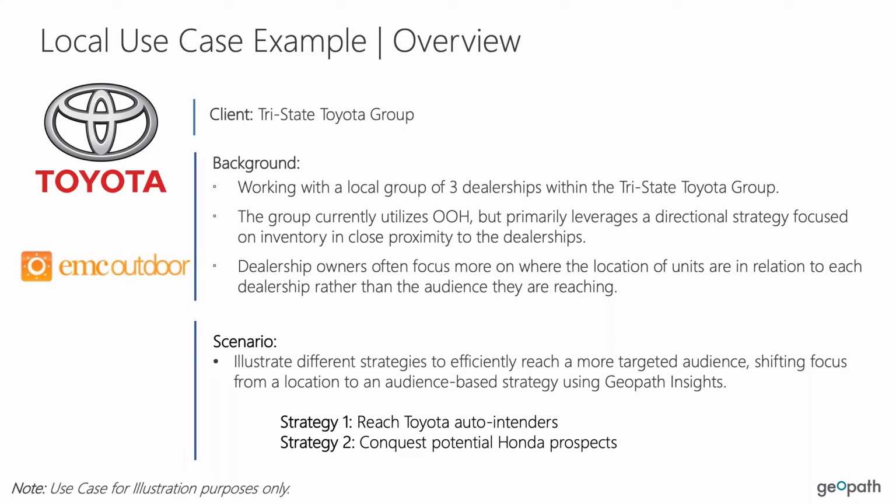So the goal with this scenario is we want to understand and illustrate how we move them from this traditional view of out of home to more of a strategic view that is more audience-based in how we reach audience and how we think about audience. And so there's 2 strategies here. First strategy being reaching those Toyota auto intenders, and then maybe thinking about conquesting Honda prospects. So kind of a close-in competitor. How do we start to conquest that group or that audience?